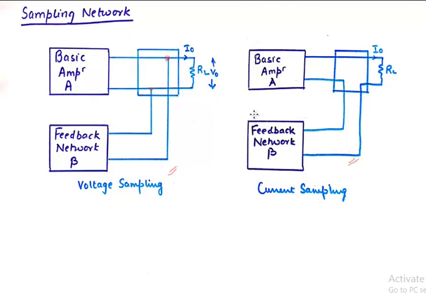But if you look closely, there is no fundamental difference at all. You still have that load resistance, you still have that output current flowing through that load resistance. It's just a matter of how the physical wires are being connected from the output to the feedback network.